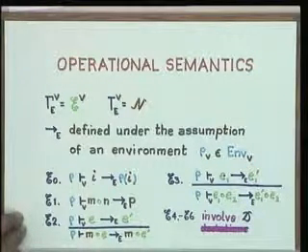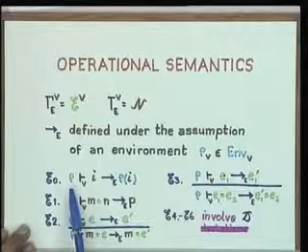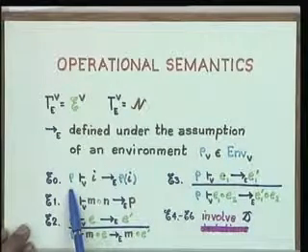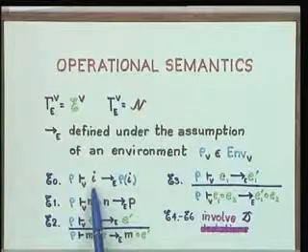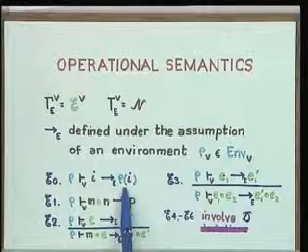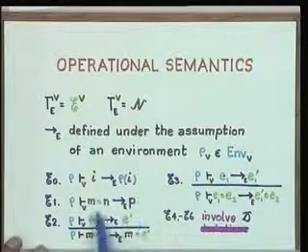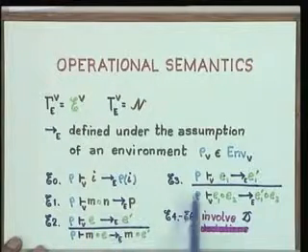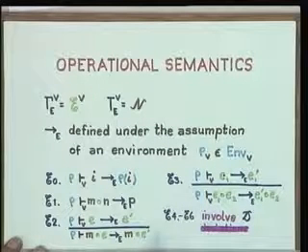And so you have these three rules now with an extra assumption. Under the assumption of an environment rho, the meaning of I is whatever is the binding defined by rho on I. And similarly, the meanings of all these expressions depend on the assumption of this environment.